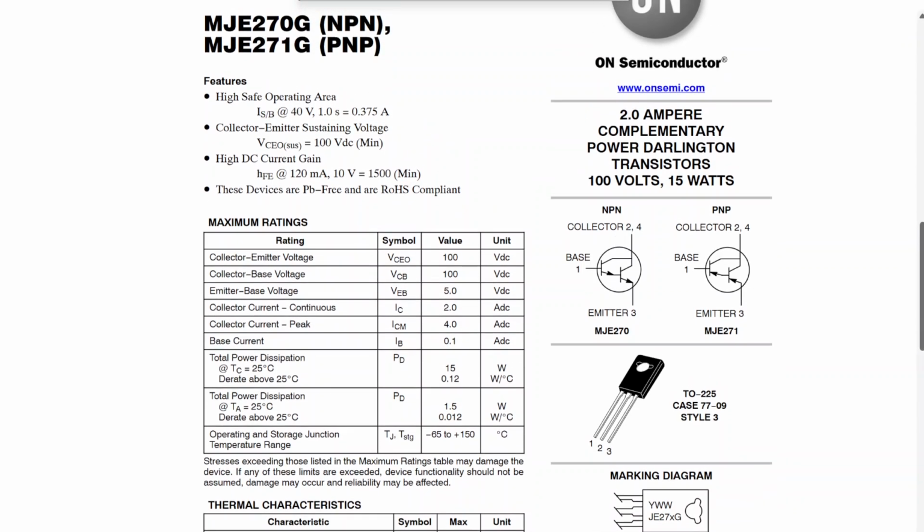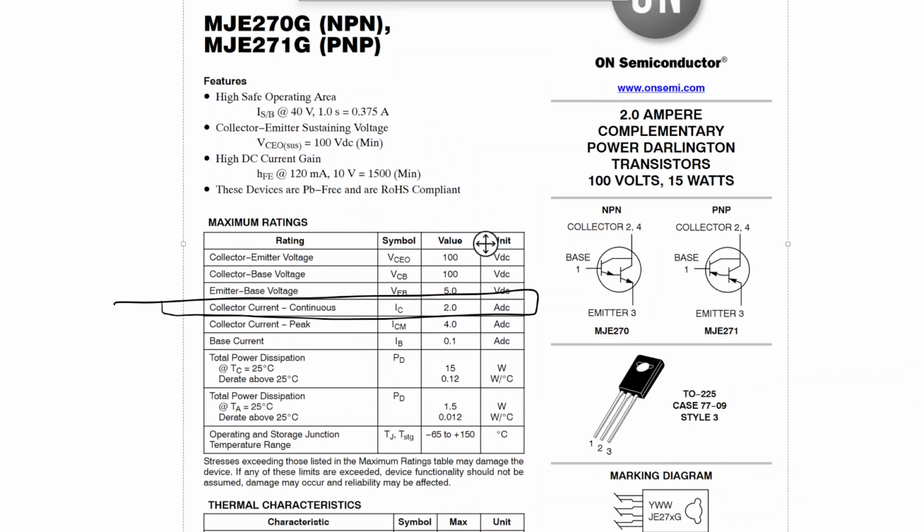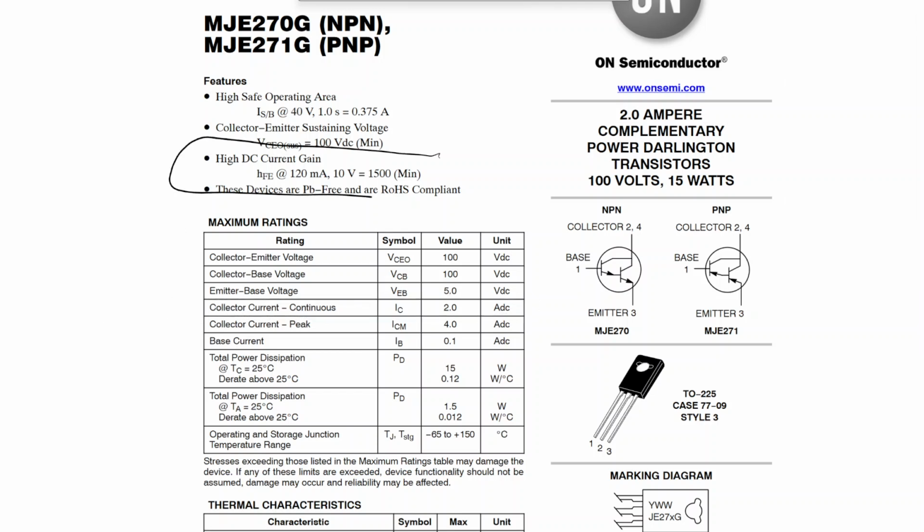And then the current is definitely sustained. The collector current continuous is 2 amp, which is much more than what we need. Also, as you can see, the HFE of the transistor is typically a minimum of 1500. So an HFE of 2000 is very reasonable to be assumed for this transistor. So beta HFE of, let's say, 1500, or for example 2000 beta, is nothing strange for this transistor.